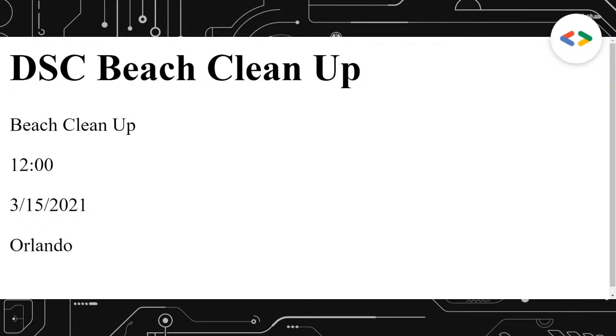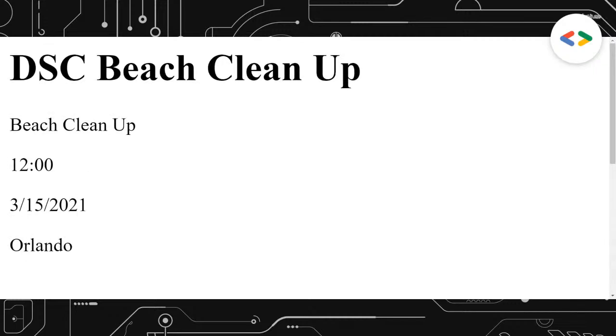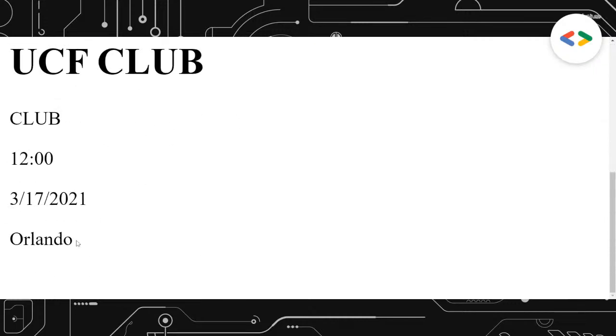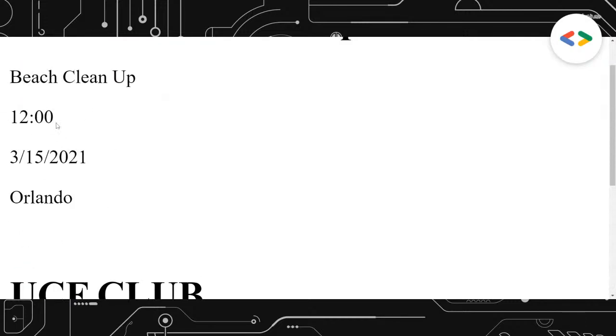And just post. Okay, so I created a new event. If I refresh this page, it will show up over here, the new event that I created. I just did a post to /create, then created the name of the event, the type, the time, the date, and the city.